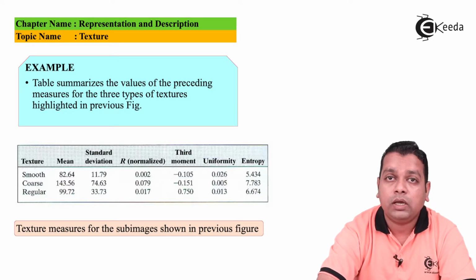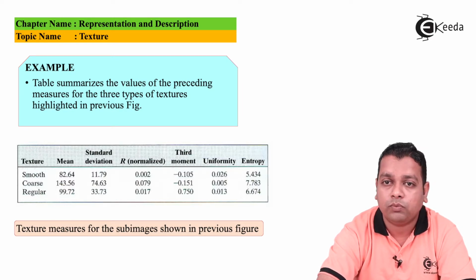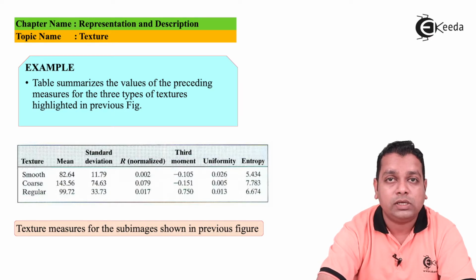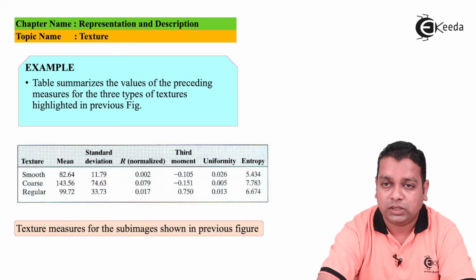The uniformity calculation, with the formulation shown, has for the three cases the values 0.026, 0.005, 0.013, and lastly the entropy that we just discussed holds the values 5.434, 7.783 and 6.674.